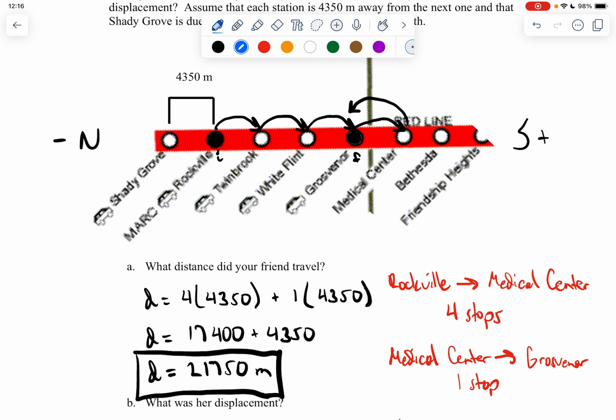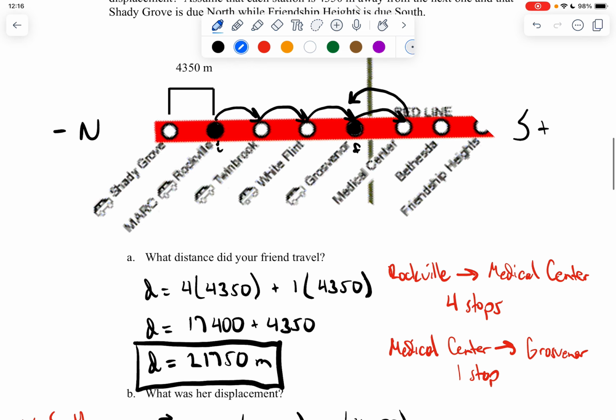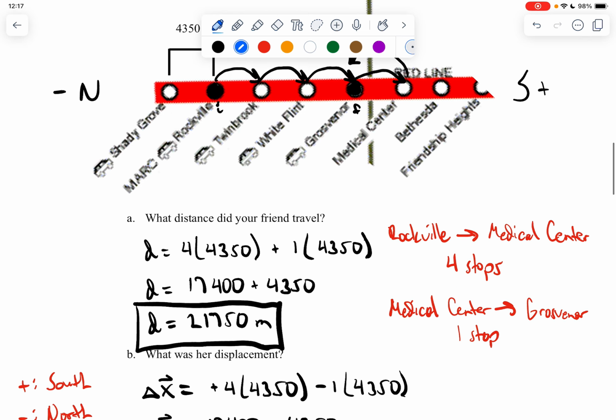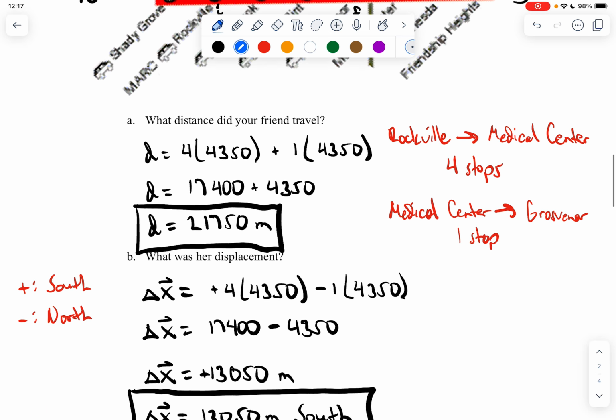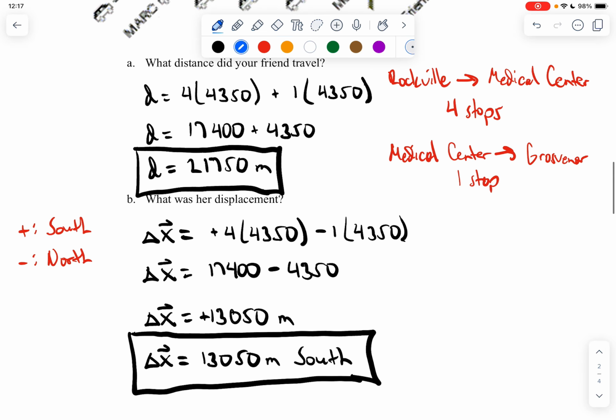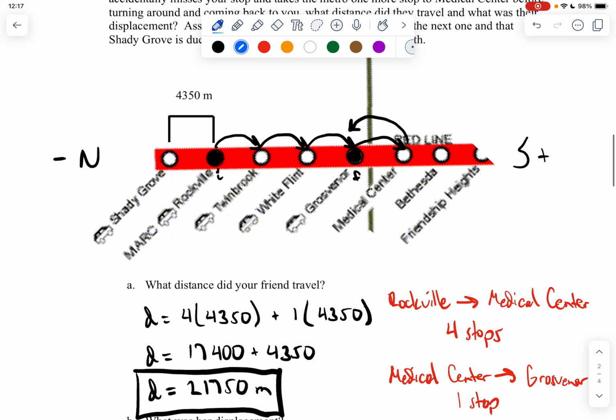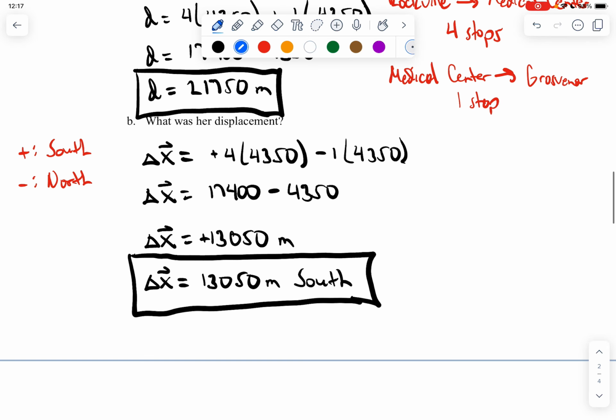Now, when we think about our displacement, though, again, we're really just worried about how far do we have to go start to finish. So there's a couple of ways of thinking about this. One way we could use our same adding in the positive direction, subtracting the negative direction as before, is if we took our 4 stops that were going south, if we call that our positive direction, we would then have this positive 17,400.